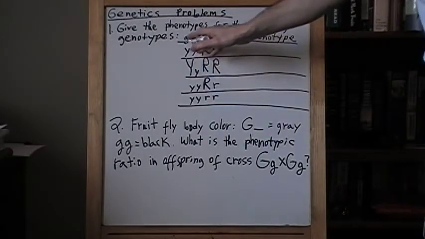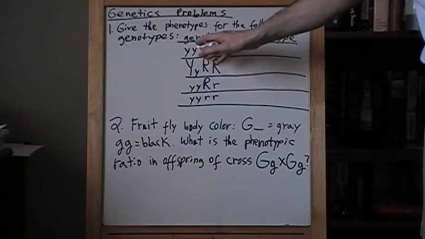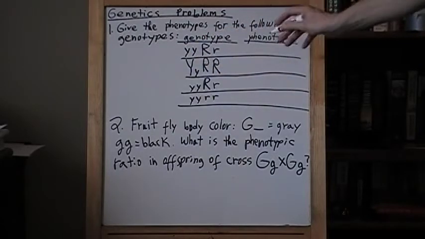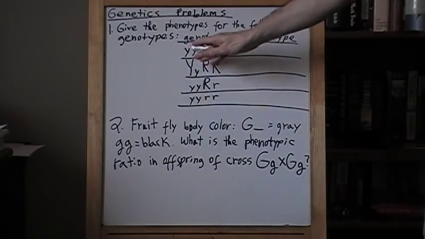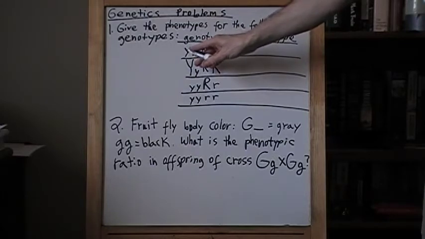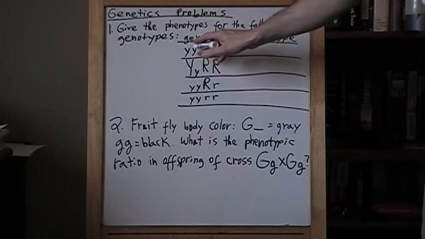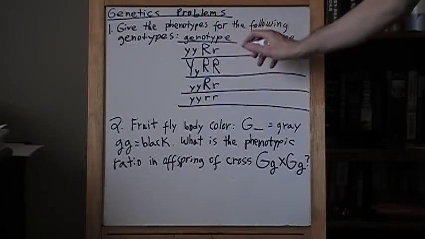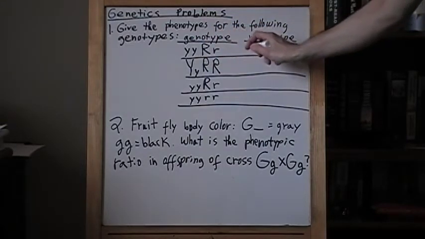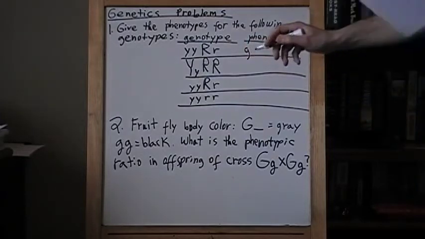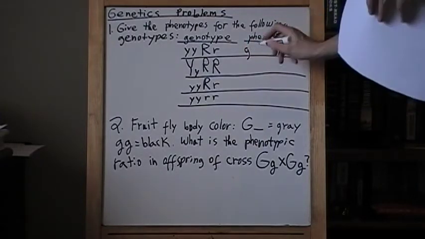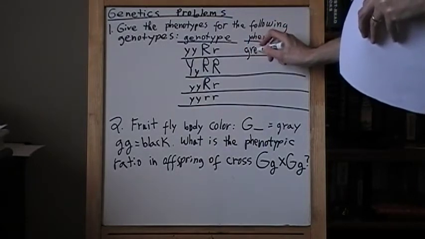This is the Y gene, for the seed color. So 2 little y's means that there's 2 recessive alleles and no dominant allele. So in the case of the Y gene, that's green. So this is going to be green seed.